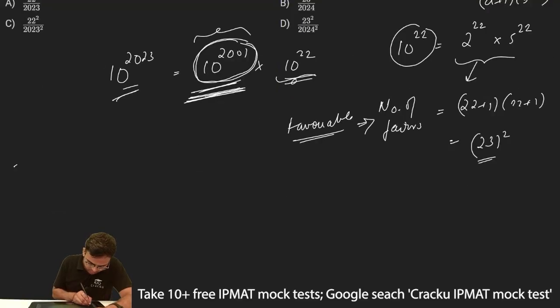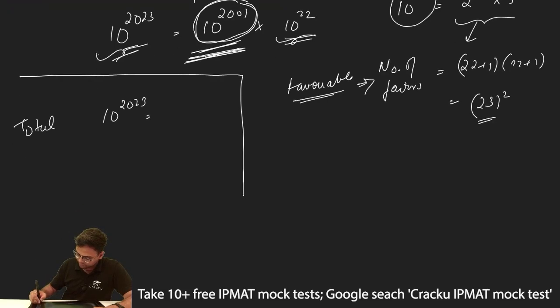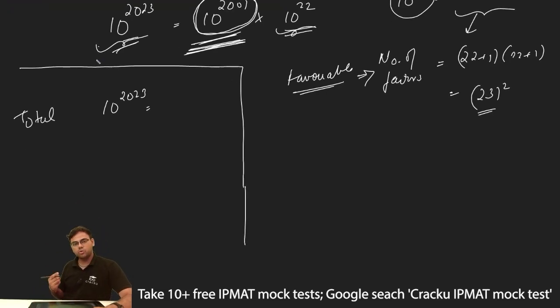Favorable outcomes is this. What will be my total outcomes? Total outcomes will be all the factors of this number. Initially I was interested in finding favorable outcomes, now I am finding total outcomes. So 10 to the power 2023 can be written as 2 to the power 2023 into 5 to the power 2023.